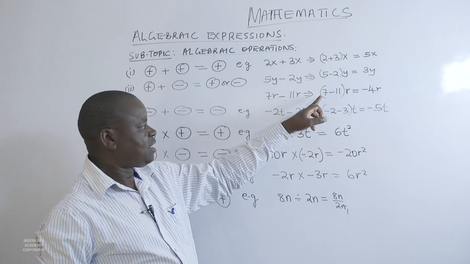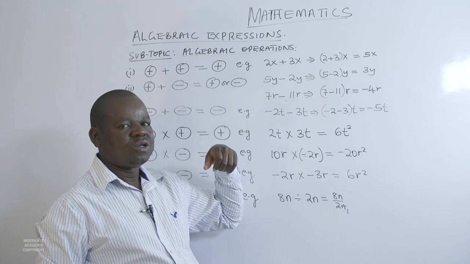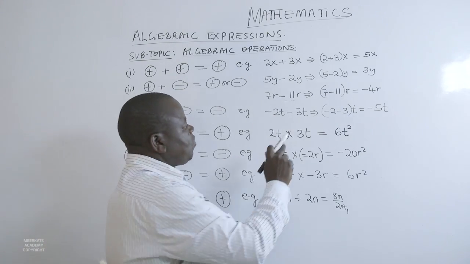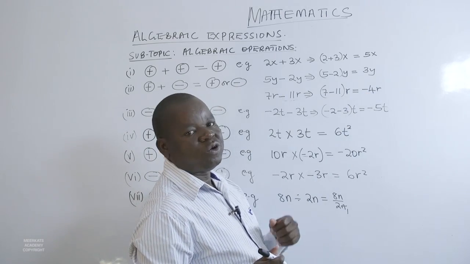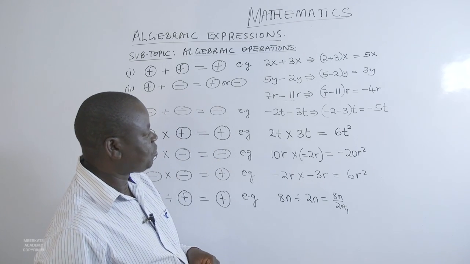But remember, if this face value is less than this one, then we have a deficit. For 7 minus 11, the deficit will be negative 4. So we multiply by r to get negative 4r.